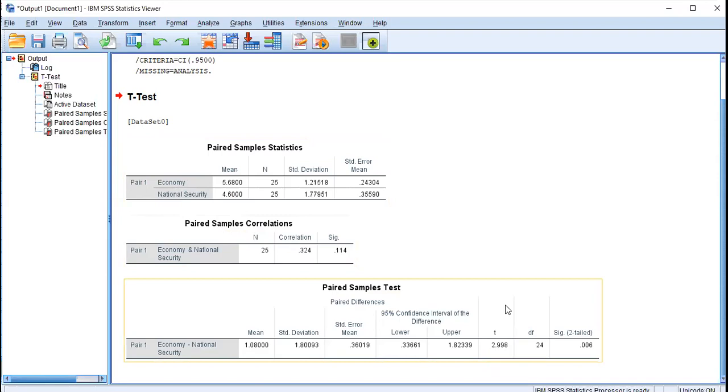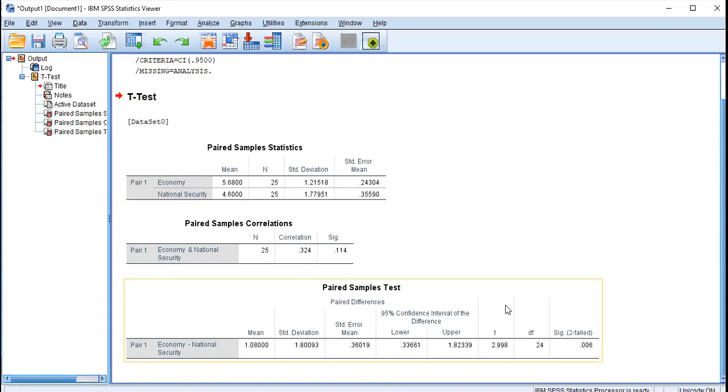And if the value of t happens to be more than 2, be assured that you are having a significant value coming up. Here the value is 2.998, meaning that there's a significant difference. And the degree of freedom, df, happens to be n minus 1. Here it is 25 minus 1, so it is 24. And the significance here happens to be appreciably lower than 0.05.